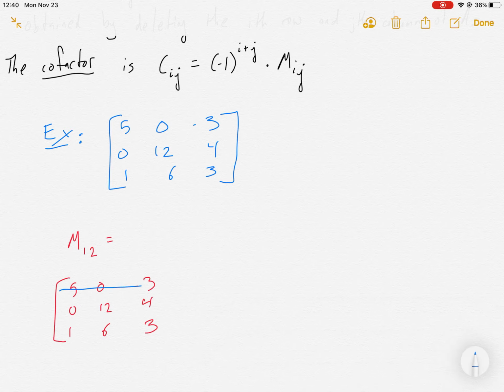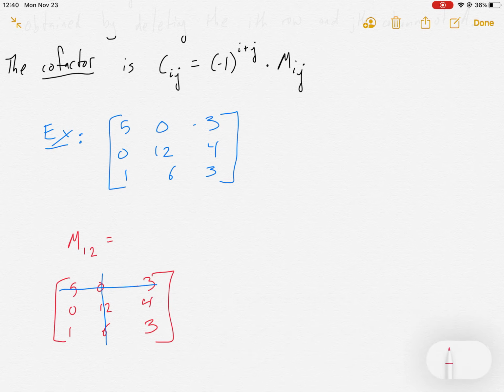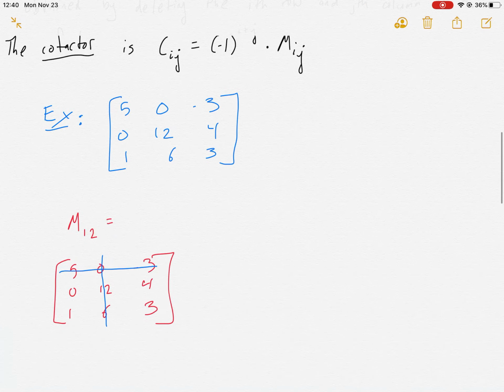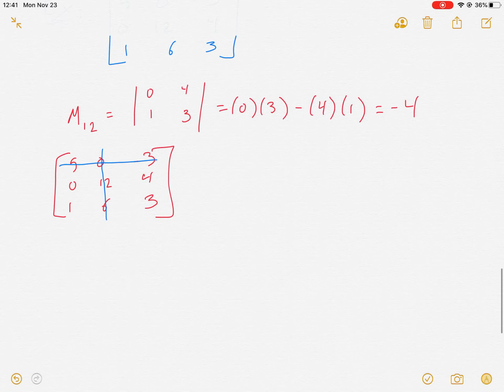I'm going to delete the first row and the second column. So then I'm left with the determinant of the matrix 0, 4, 1, 3. So this would be 0 times 3 minus 4 times 1. So I'd end up with -4. That would be the minor.